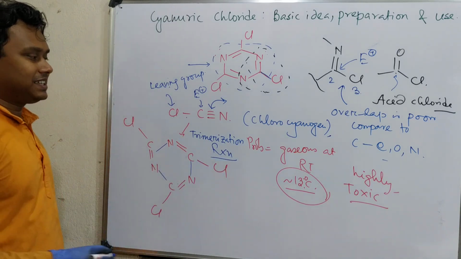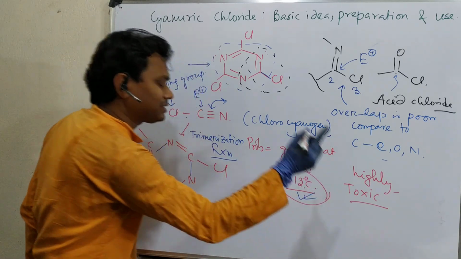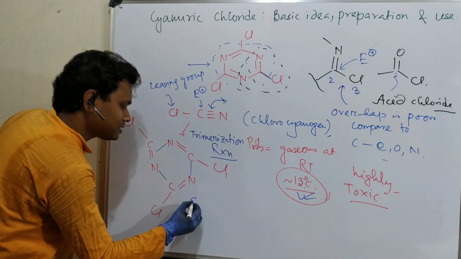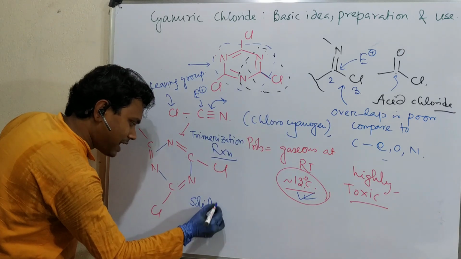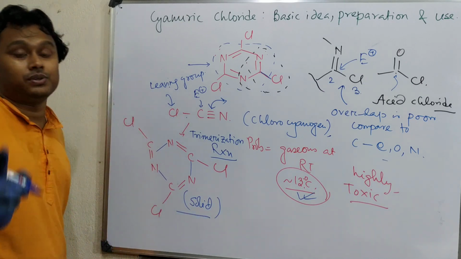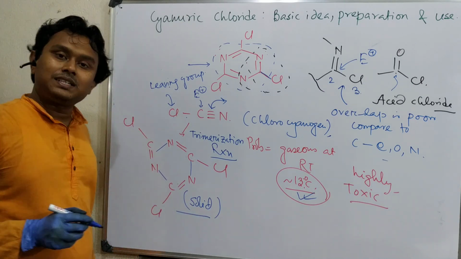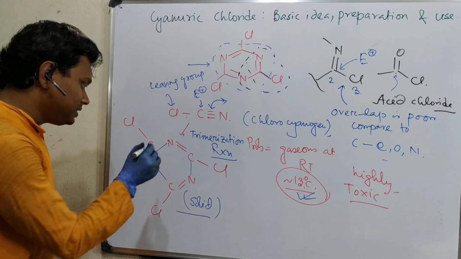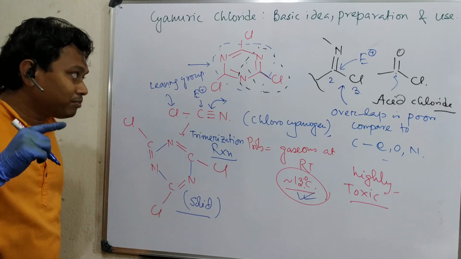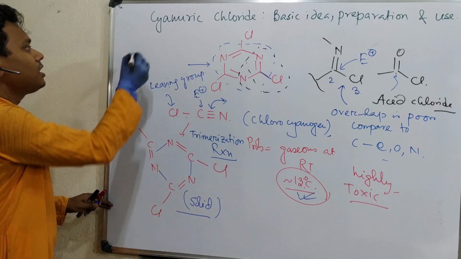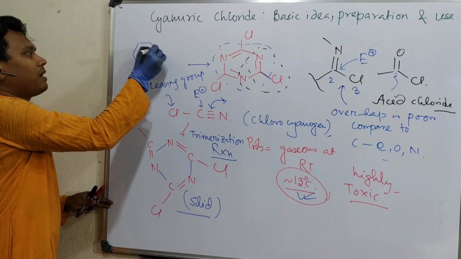Now what is the advantage? See, this is a gas at room temperature, with a boiling point of 13 degrees centigrade, but this is a solid. And actually I have used this reagent in my laboratory. Generally acid chlorides are difficult to handle, but this reagent is much easier to handle. By the way, you can compare this with para-toluenesulfonyl chloride, or as we sometimes write, TsCl.